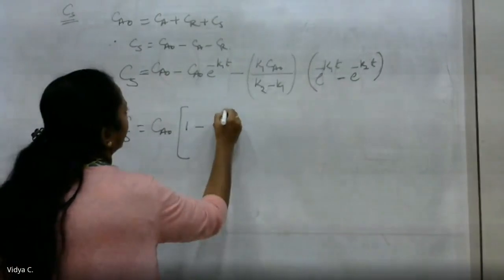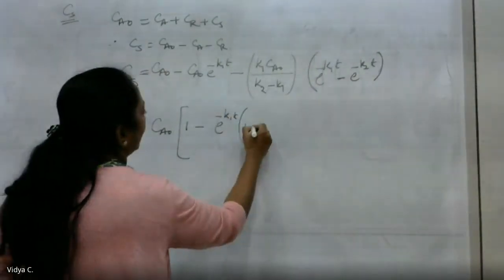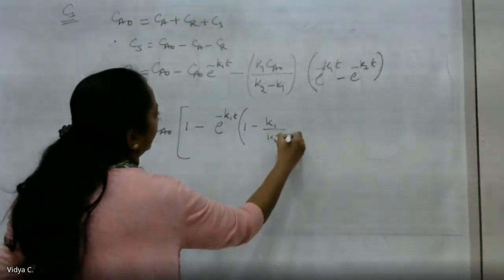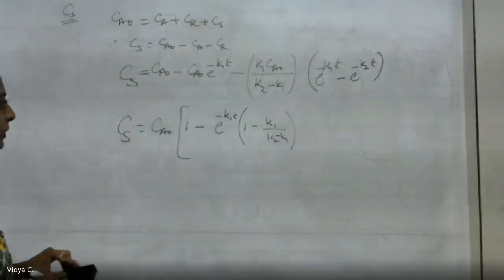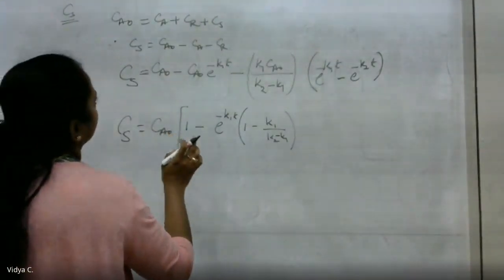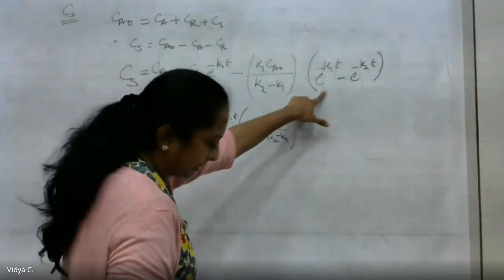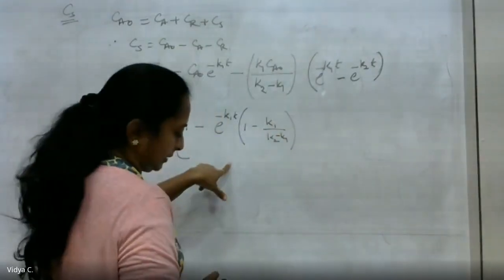E to the power of minus k1t if I take, it will be 1 minus k1 by k2 minus k1. Correct. Am I correct writing this? Yeah.